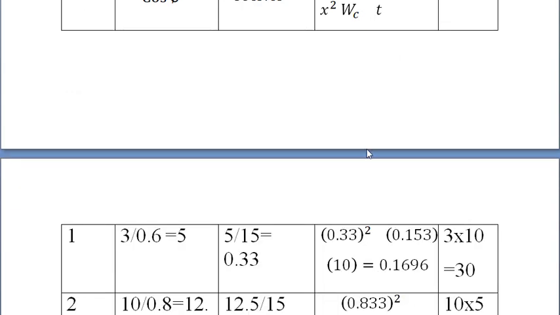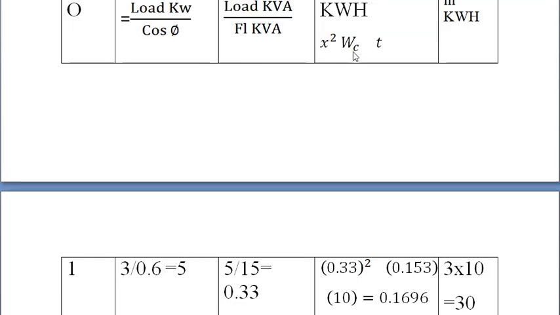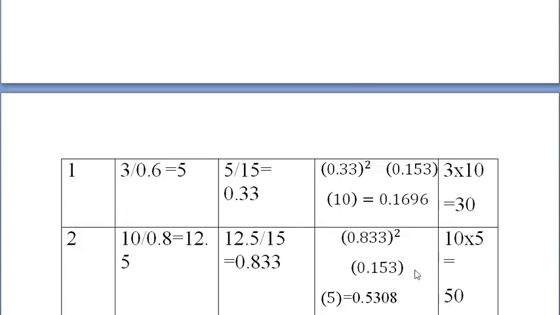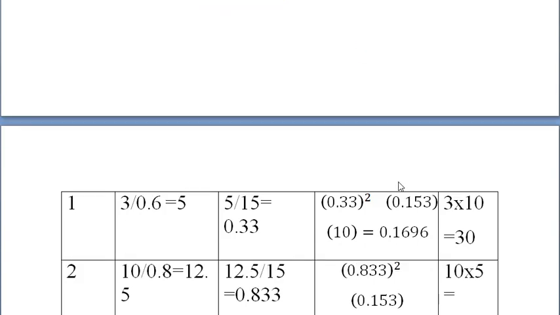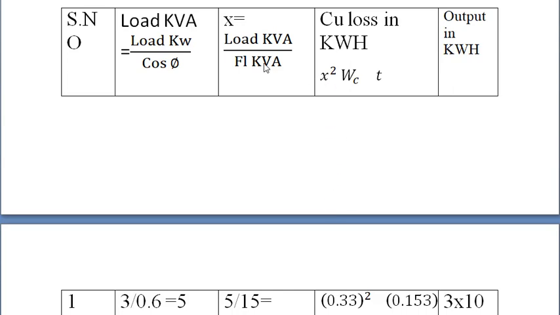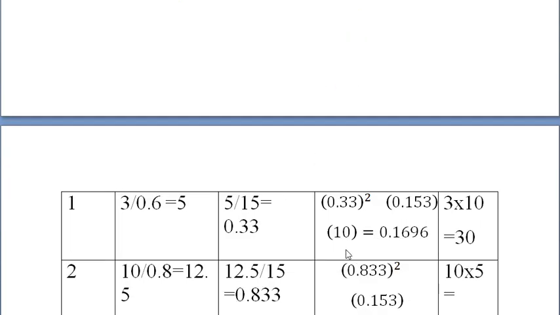into T. So the Wc is given already in the data, that is copper loss per hour, that is 0.153 kilowatts, and the number of hours it is operated is 10 hours, and the x is already calculated, that is 0.33.